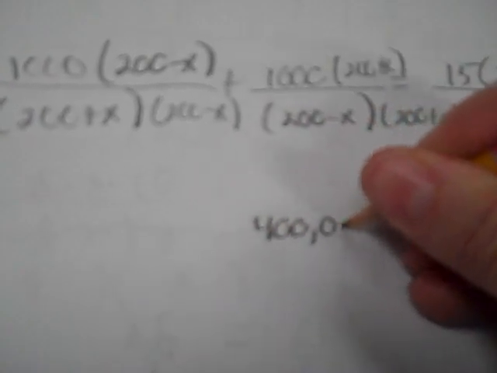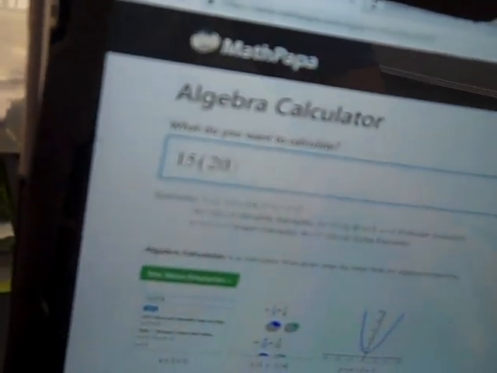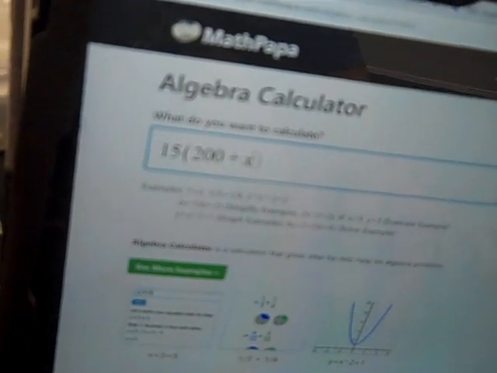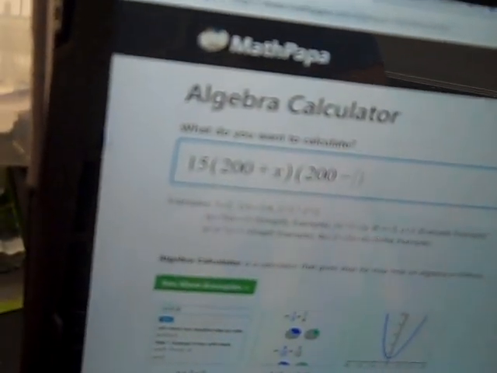Okay, so I get 400,000. Now on the other side, you got a factor of 15 multiplied by 200 plus x, also multiplied by 200 minus x. And I have negative 15x to the second power plus 600,000.